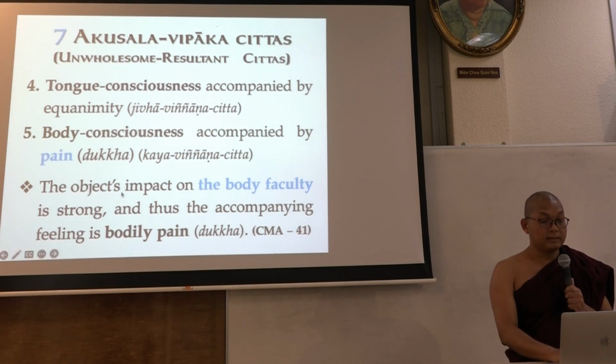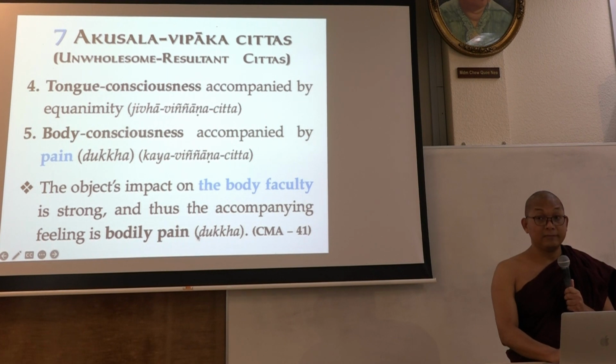The object's impact on the body faculty is strong and obvious. So the accompanying feeling is bodily pain, not like 1 to 4. Number 5 is so strong and so obvious that it is not a neutral feeling. It is a bodily pain feeling.